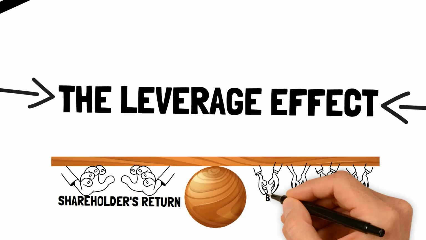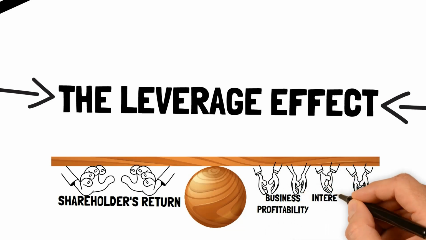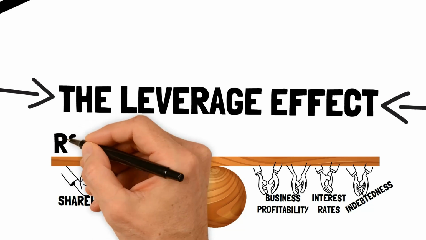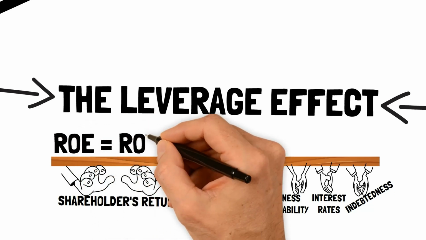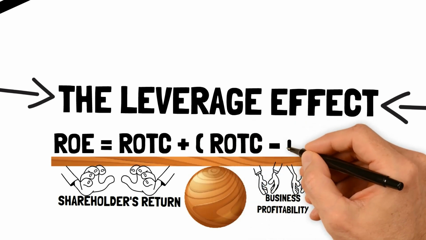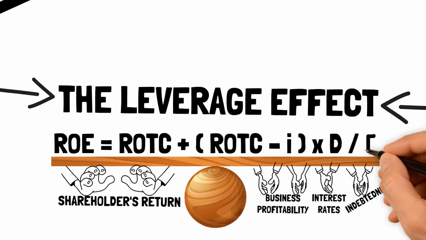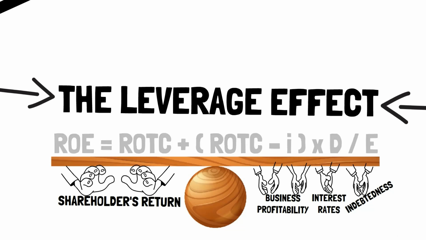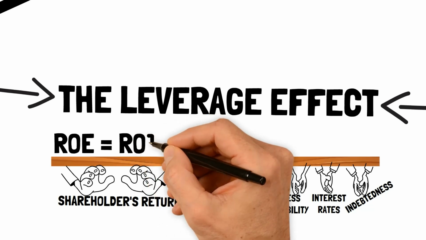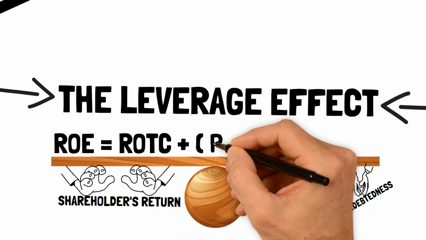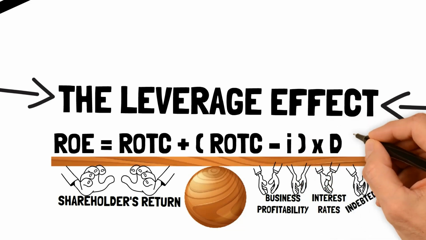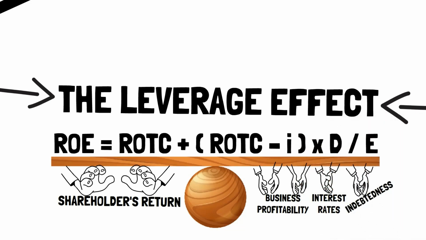With a combination of the business profitability, interest rates, and degree of indebtedness, it's equal to ROE equals ROTC plus ROTC minus I times D divided by E. In other words, return on equity equals return on total capital plus return on total capital minus average cost of debt times net debt divided by equity.